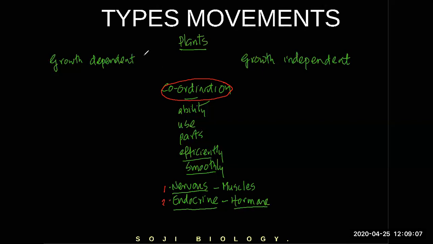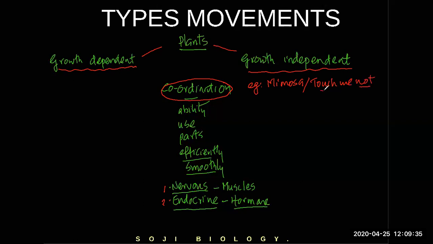The plants coordinate their movement, their growth, by growth dependent responses and growth independent responses, or growth dependent movement and growth independent movement. I'll give you an example for growth independent movement. The example here is when you touch the plant mimosa. Mimosa is also called touch-me-not.